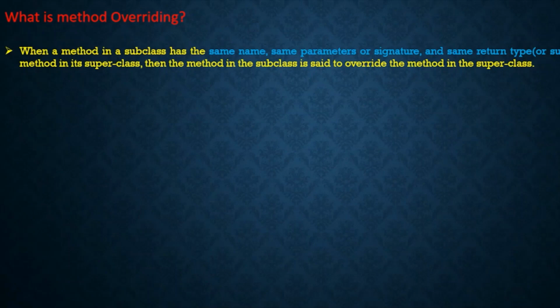For example, consider the add method: the method name is add and the parameters are int a and int b. Whenever two methods are overridden, the method name and the parameters never change. Method overriding is achieved through inheritance.